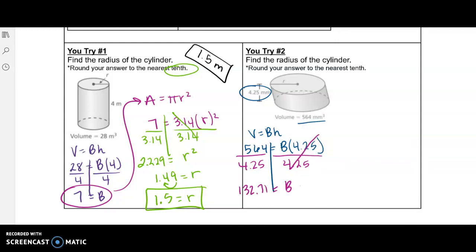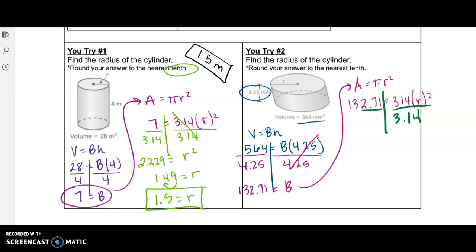So then this will plug in to that area equals pi r squared. So we have 132.71 equals 3.14 times our radius squared. Well, that came out different size, but that's okay. So we're going to divide by 3.14 on both sides.